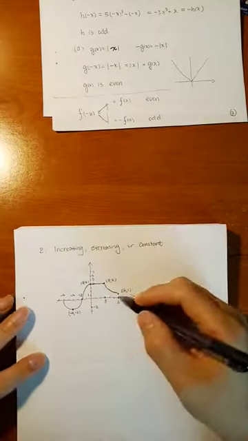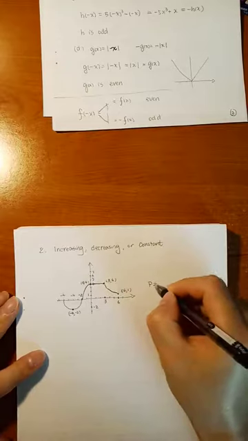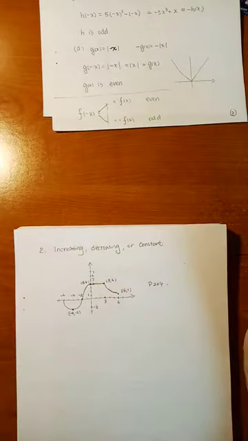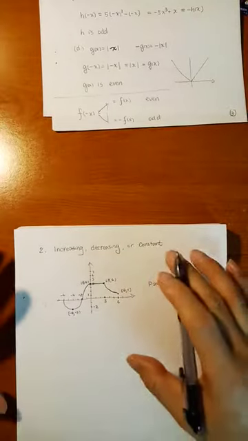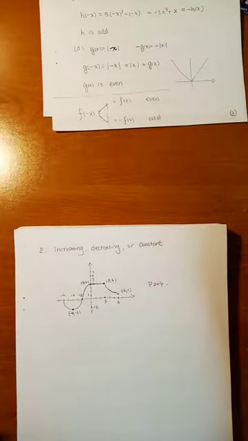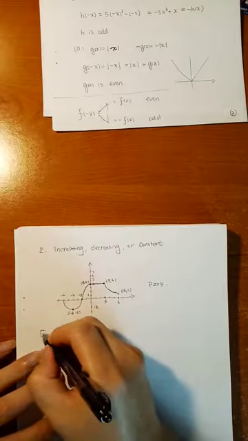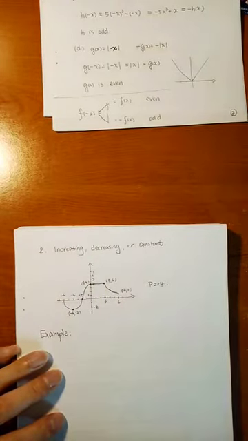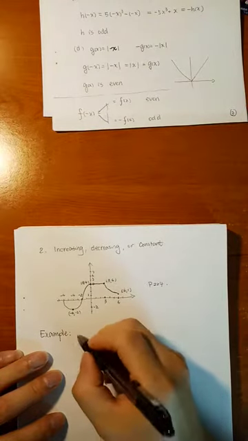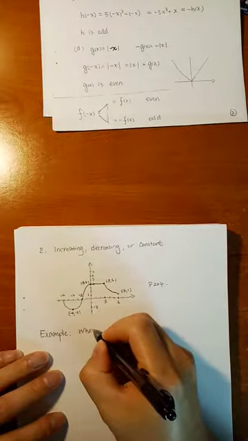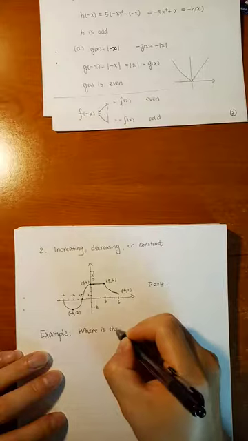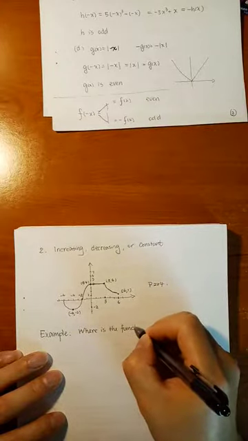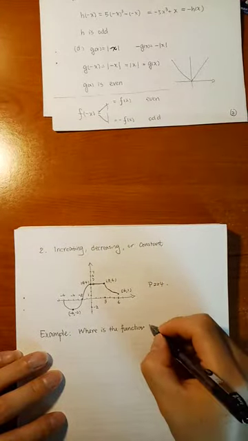Okay, whatever. This is a graph on page 224. When you have some graph like this, the example is about this graph. Where is the function increasing?